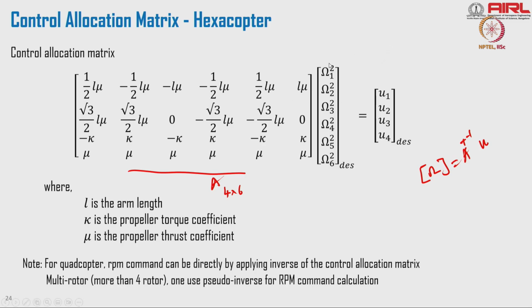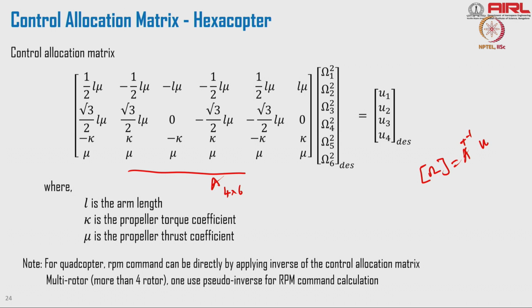But one needs to remember that, based on the physical system, the control allocation matrix will be different, and one needs to relate the command RPM to the control input generated from the flight control system.